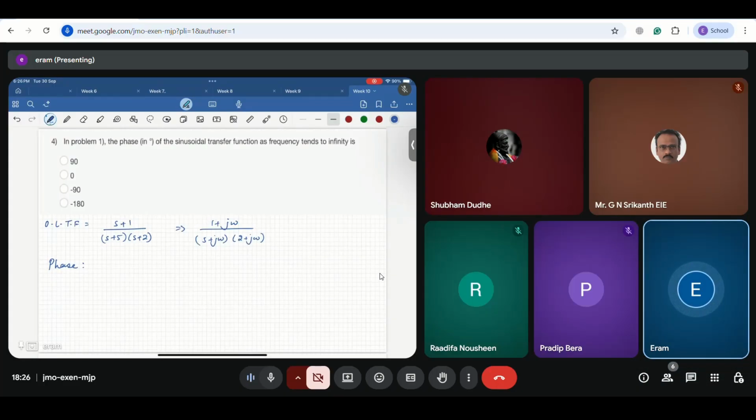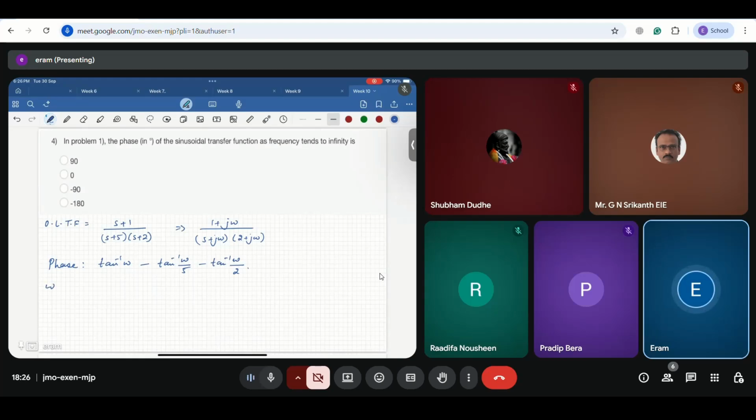What is the phase of the numerator? You can quickly write it. It is nothing but tan inverse omega. For the denominator, it is minus tan inverse omega by 5 and minus tan inverse omega by 2.